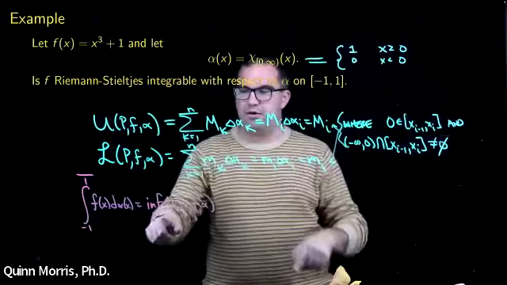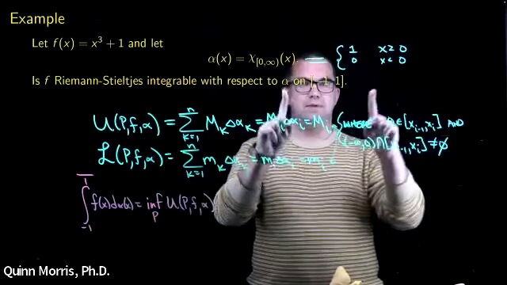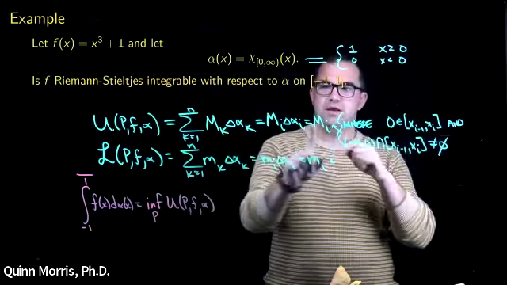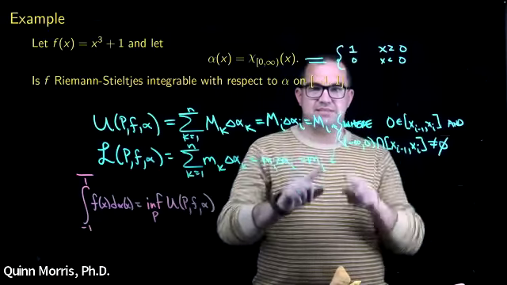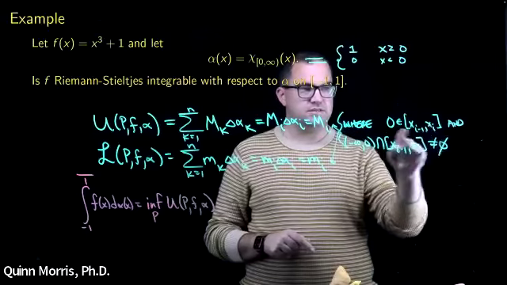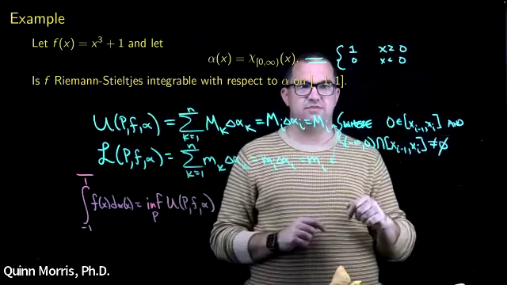So as we think about what can happen over every possible partition, this thing will be minimized when this interval is as small as possible. But it has to contain 0 and points to the left of 0.